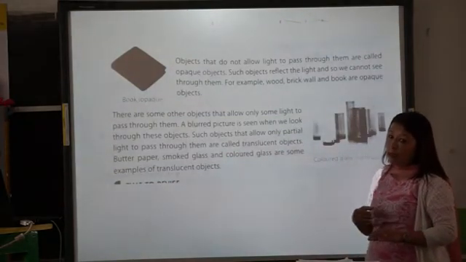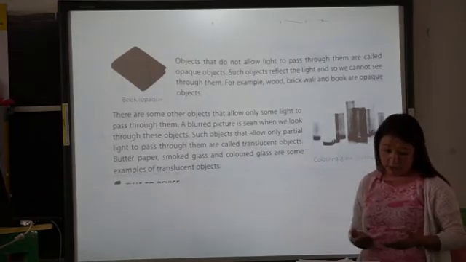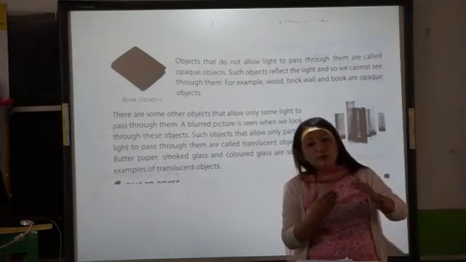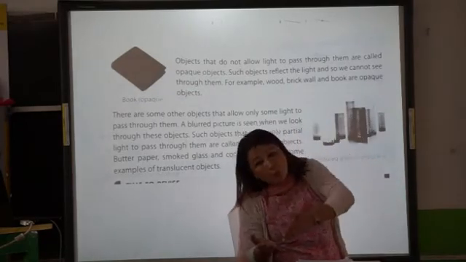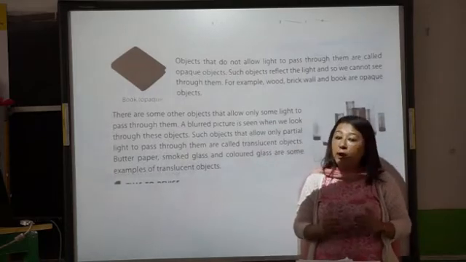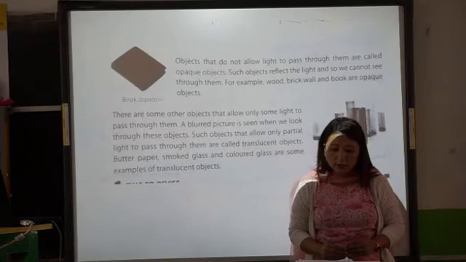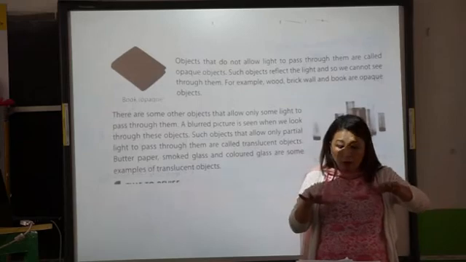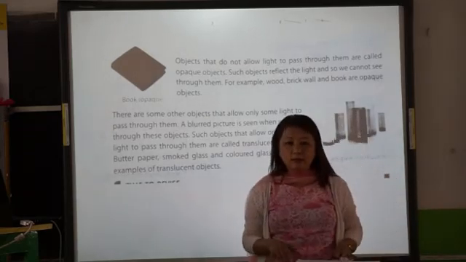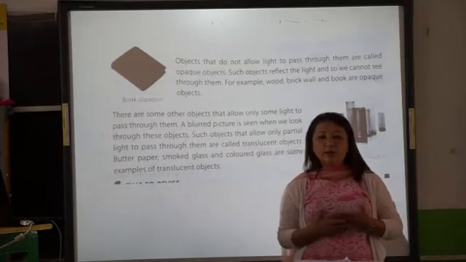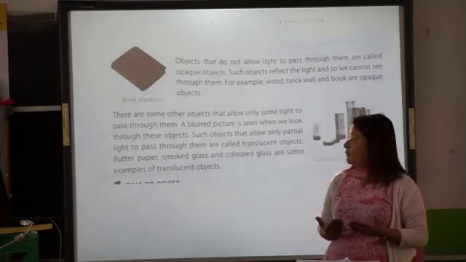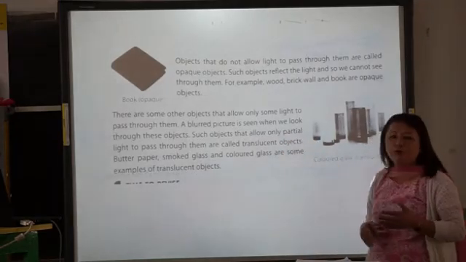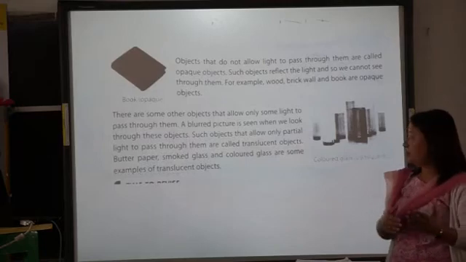Now next we have translucent objects. Objects that are partially transparent and partially opaque are called translucent objects. They allow light to pass through them in a scattered or diffused manner. So what is a translucent object? There are some other objects that allow only some light to pass through them, partially.